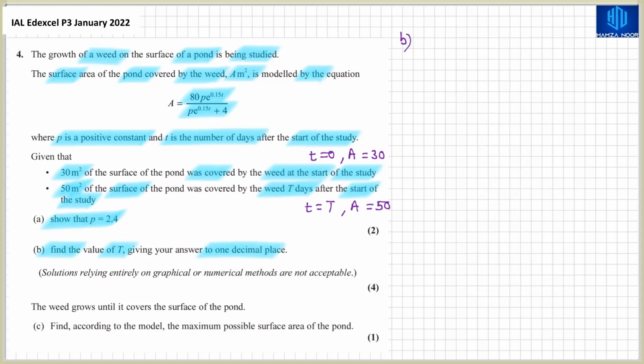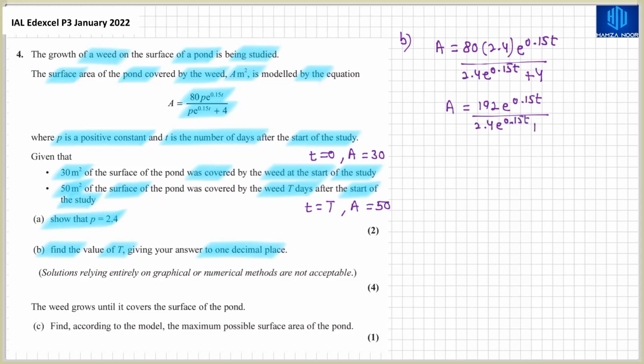Now the equation is A = 80 times 2.4 times e^(0.15t) divided by 2.4 times e^(0.15t) plus 4. 80 times 2.4 is 192, so A = 192 e^(0.15t) divided by 2.4 e^(0.15t) plus 4.